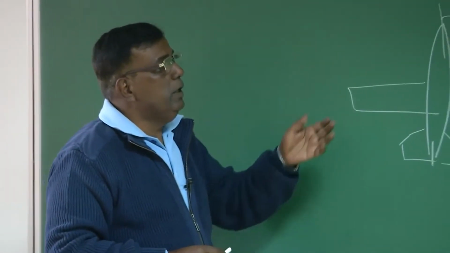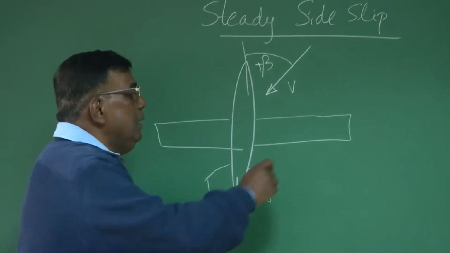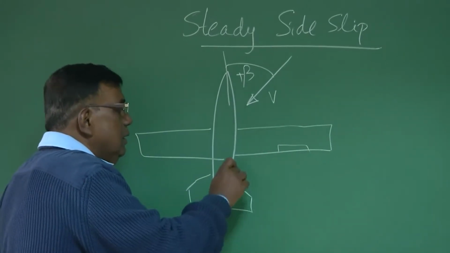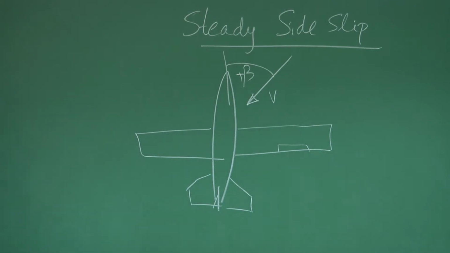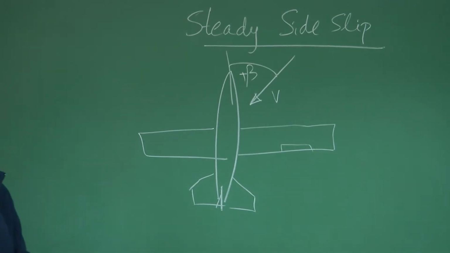And we have seen that to execute a positive side slip angle, I need to give aileron deflection and rudder deflection, and we have seen how their deflections are related.